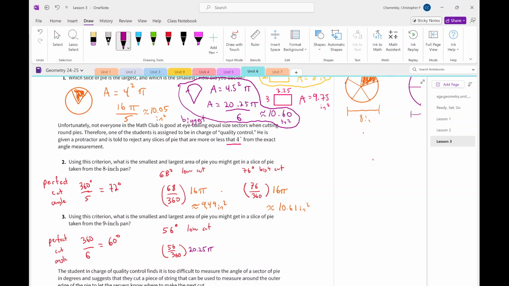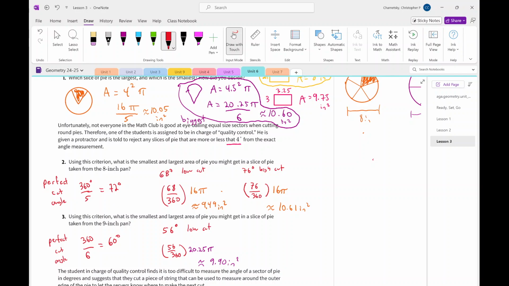That's because I forgot to multiply by pi. Let's try it one more time. 56 divided by 360 times 20.25 pi. There we go. That looks better. So on our low end, that would be approximately 9.89, so really about 9.90 if I round it to 2 decimals. So there is our low possibility.